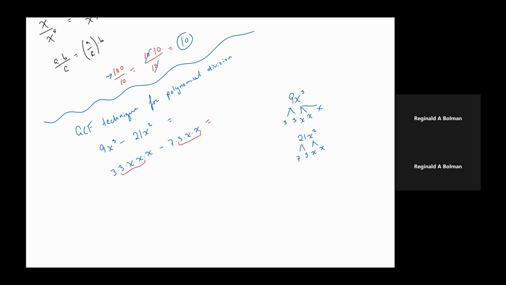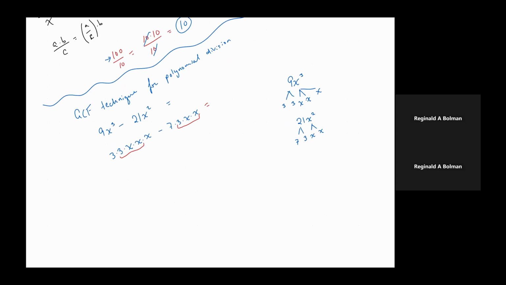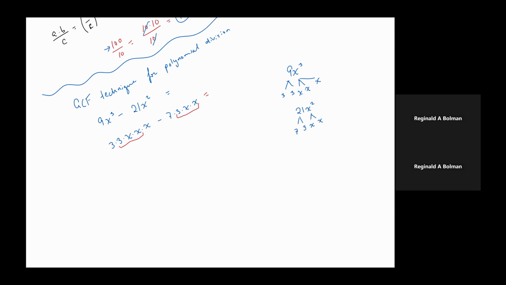And what's interesting is that if you recall the distribution law, whenever you have a term multiplied out in front of the sum of two or more terms, you can take the term that's out in front and multiply across the sequence of parentheses. What we're doing here is going in reverse. We're trying to figure out if there's a term in common, and then we will rewrite this as a product of the sum of two or more terms.